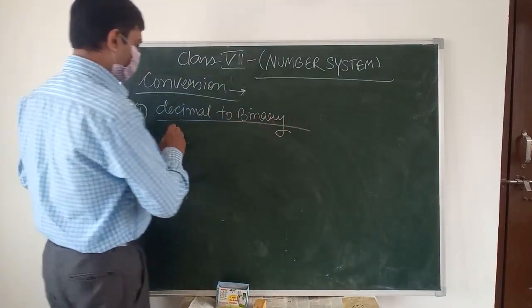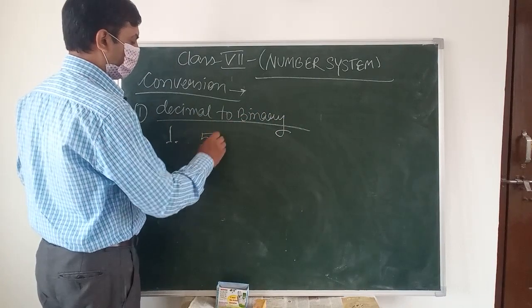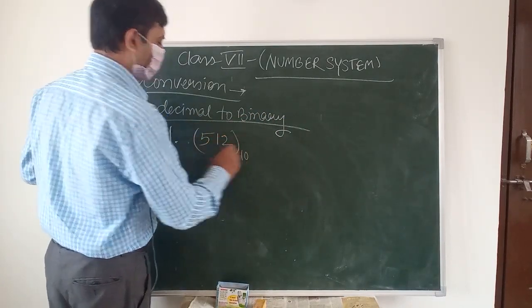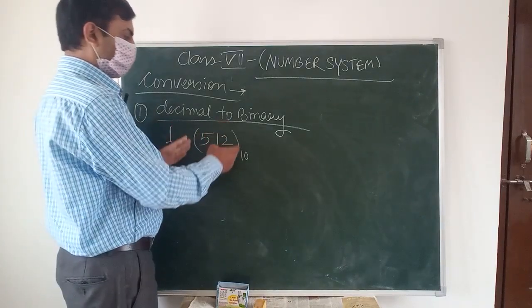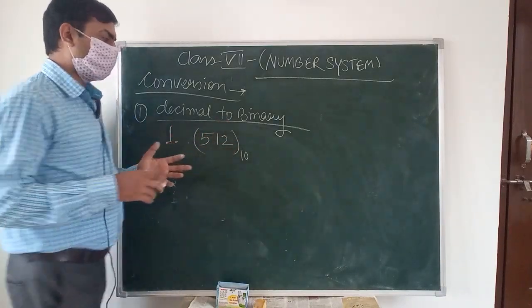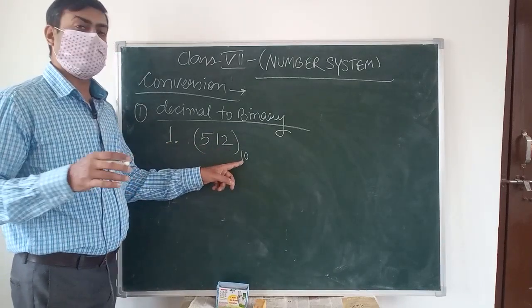I am talking. The first question I am taking is 512. This is decimal, so I have written it in the bracket and then the base 10. This means you can understand 512 is having base 10.